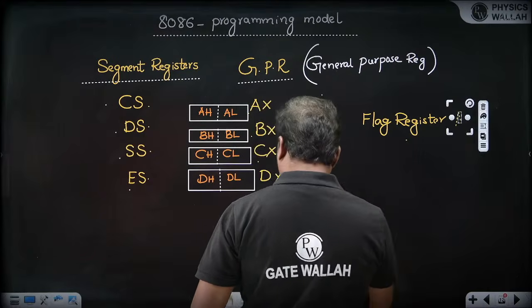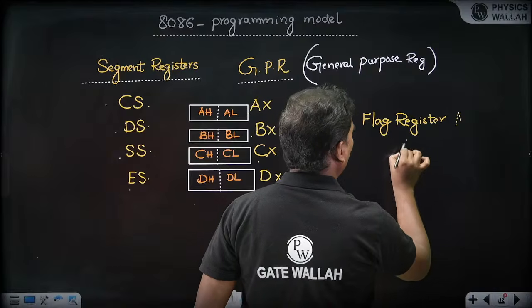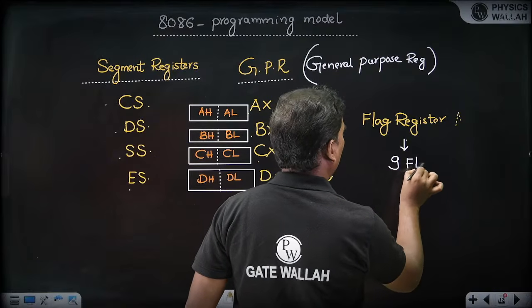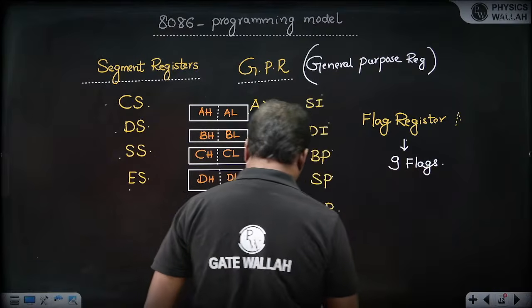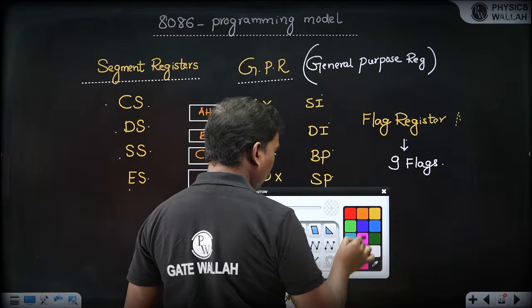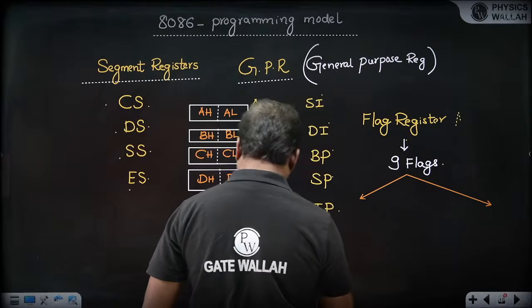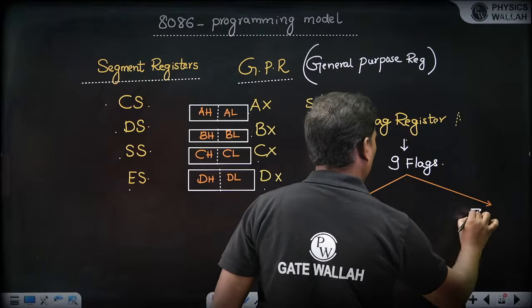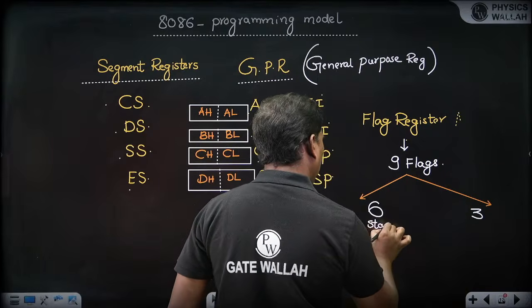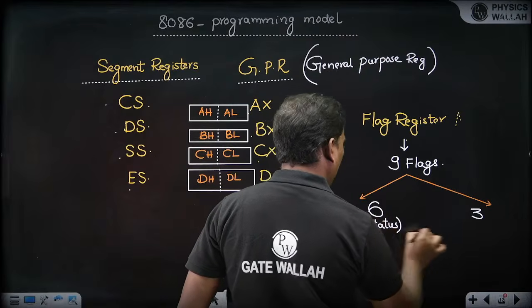16-bit register, but actively we are using 9 flags. These 9 flags can be categorized like this: 6 plus 3. 6 are the status, 3 are the control.